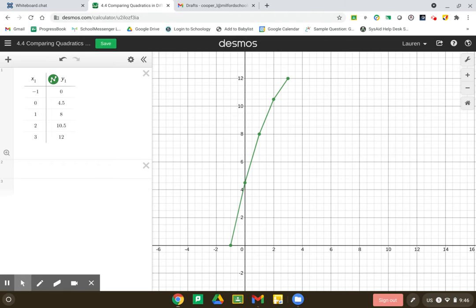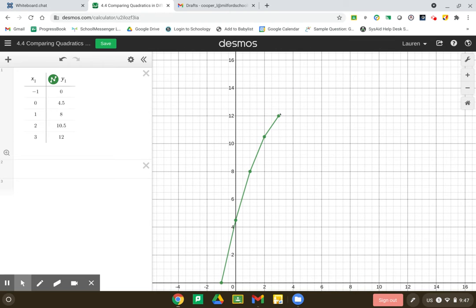We go up 4.5, then it goes up 3.5, then it goes up 2.5. So it looks like our maximum, if I kept going, is probably going to end up a little bit higher than the 12.5 that we have.